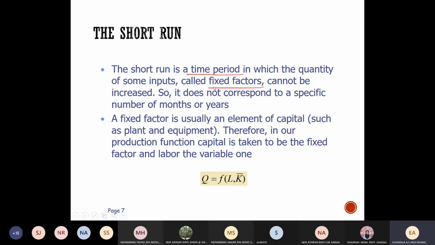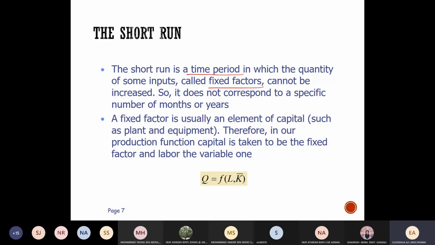It never changes. It cannot be more, it cannot be less. It just remains the same constant value. So it cannot be increased or decreased. It still remains the same, so we call that the fixed factor.